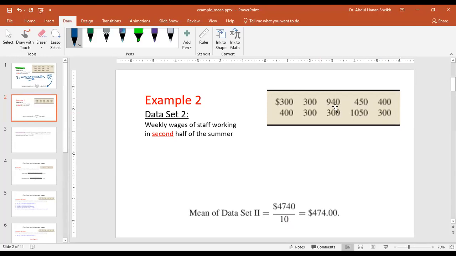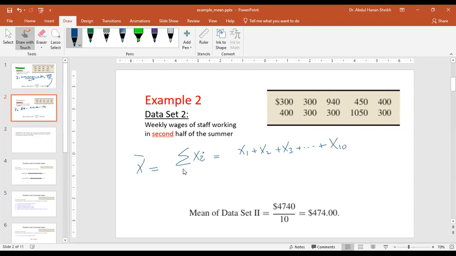Okay, so this is another data set. The mean will be like, do you recognize this notation? Summation, yes. Summation of xi means the sum of all these numbers till the end, let's say x10.